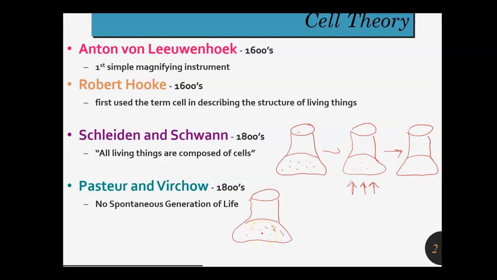So the idea was, okay, does life just spontaneously appear out of nowhere? And they said, well, no. They believed that because of gravity, the bacteria was settling out of the air. So, in order to either prove or disprove their theory, they redesigned the flask.